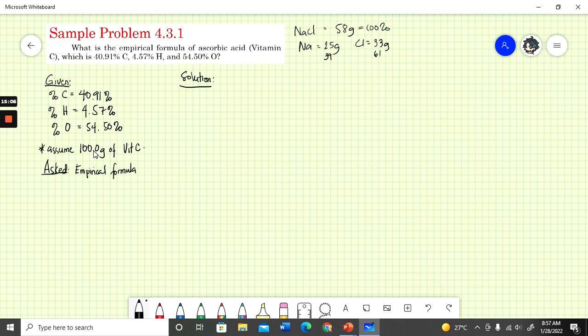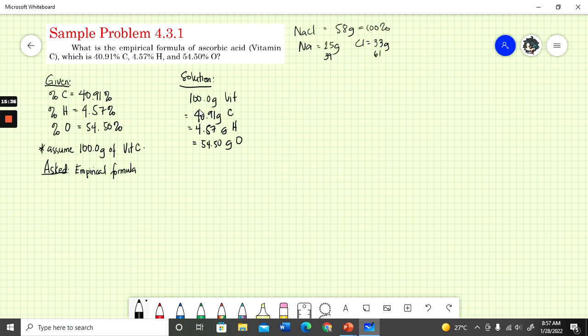If you have 100 grams of vitamin C, then 40.91% carbon from that 100 grams is basically 40.91 grams of carbon, which means you also have 4.57 grams of hydrogen, and 54.50 grams of oxygen.